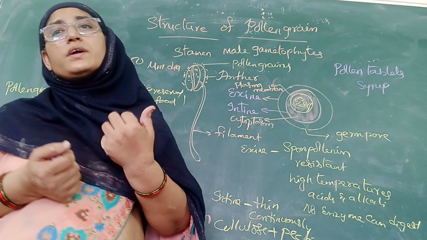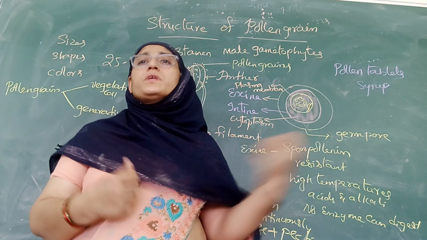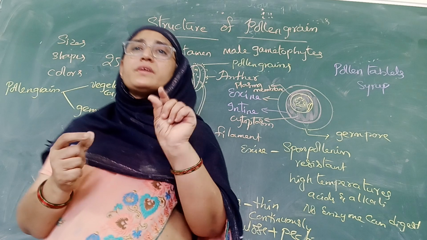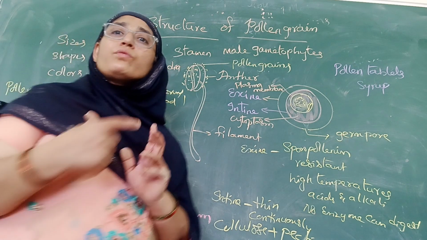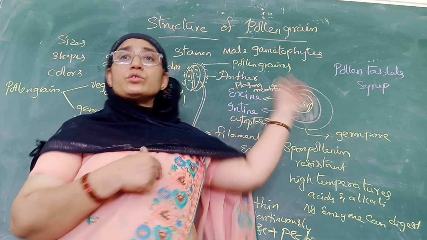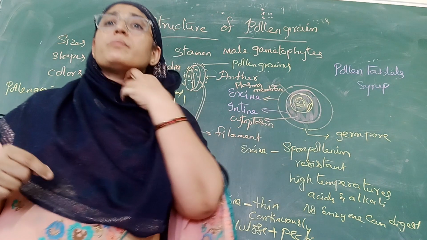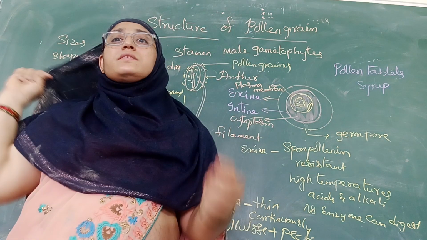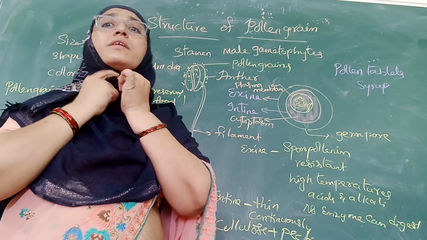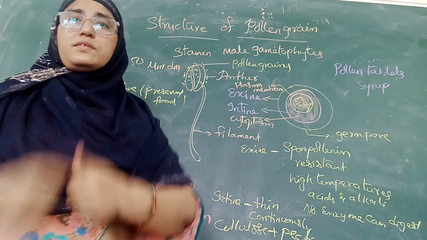They are consuming this pollen in the form of tablets and syrups. Moreover, it has been shown that consumption of pollen tablets and syrup by athletes increases the performance of athletes and also race horses.